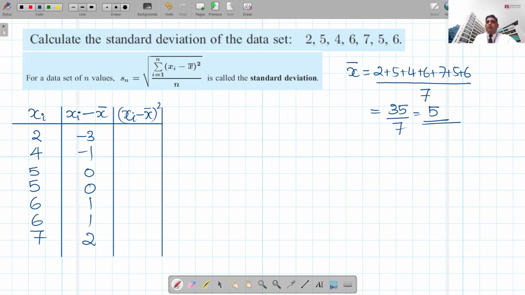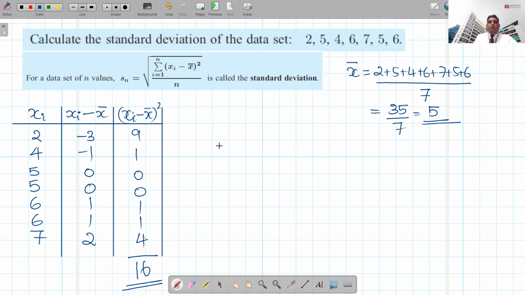Xi minus x bar, the whole square. Okay? Is that clear to all of you? So 9, 1, 0, 0, 1, 1, 4. That makes this 16.